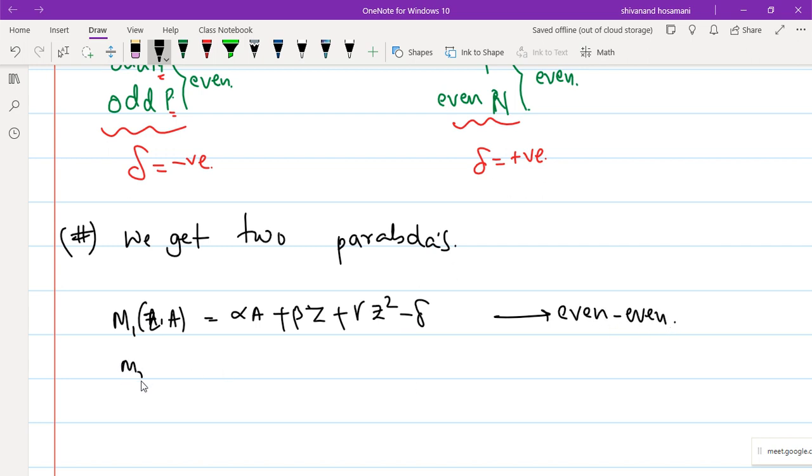Then the same expression M of Z with A, we get as alpha A plus beta times Z plus gamma times Z square plus delta. This is for odd.